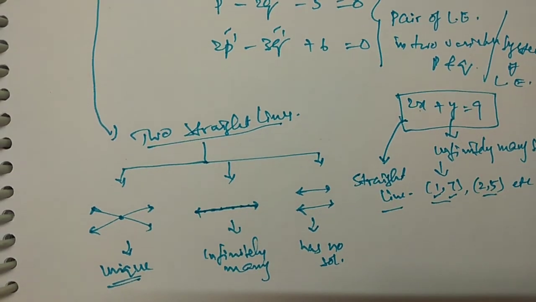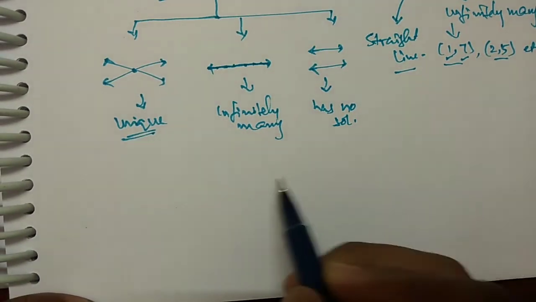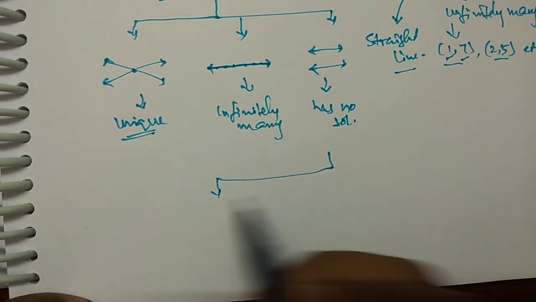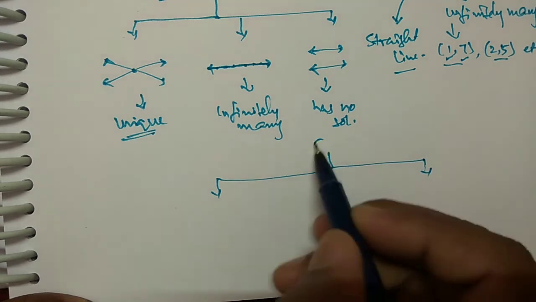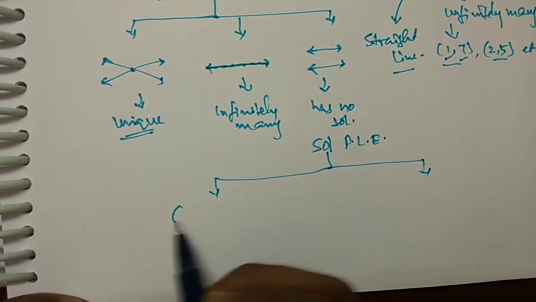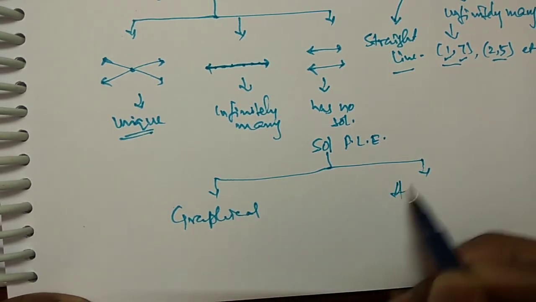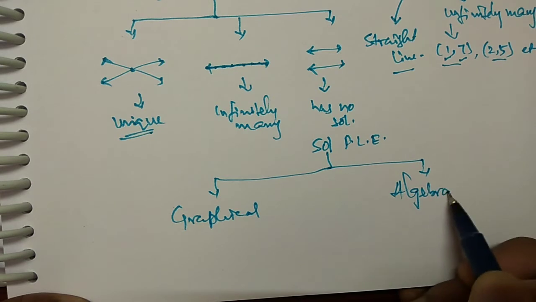To find the solution of a pair of linear equations in two variables, we have mainly two methods. The first one is the graphical method, and the next one is algebraic methods.